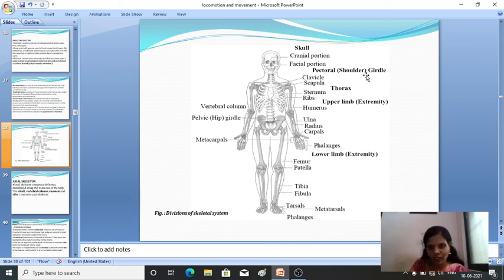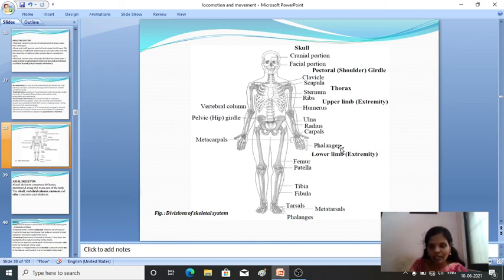Then in the pectoral or shoulder girdle we will be studying the clavicle and scapula. Then in the thorax part we will be dealing with the sternum and the ribs. Then the upper limb: humerus, ulna, radius and the carpals, these are the hand limbs, upper limbs.